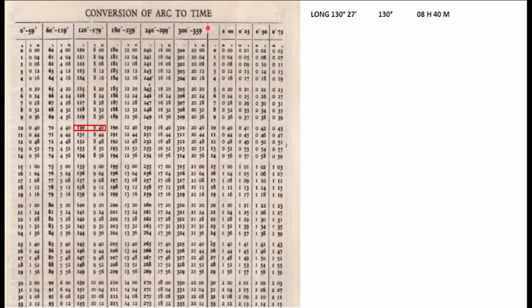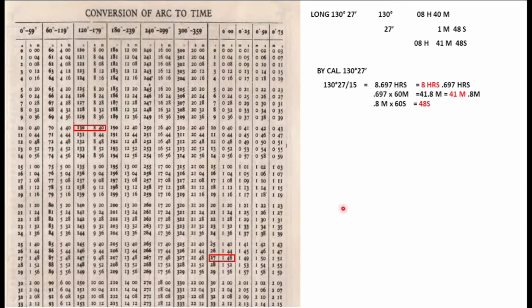The adjoining table has minutes, so look for 27 minutes here, and 27 minutes is 1 minute 48 seconds. This is how we go about converting longitude into time. Of course, you all have calculators, so nowadays nobody uses these tables much. You can just divide by 15, and you get your 8 hours point something, multiplied by 60, multiplied by 60, and you get your time.